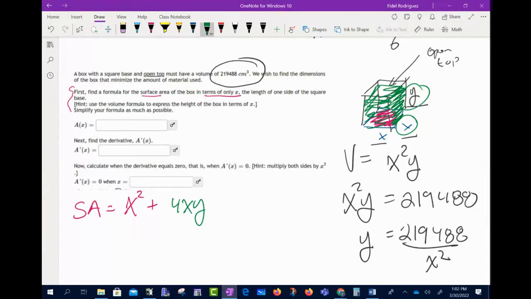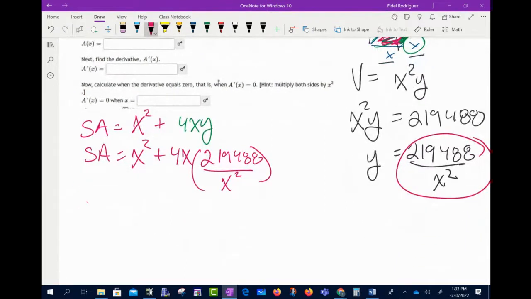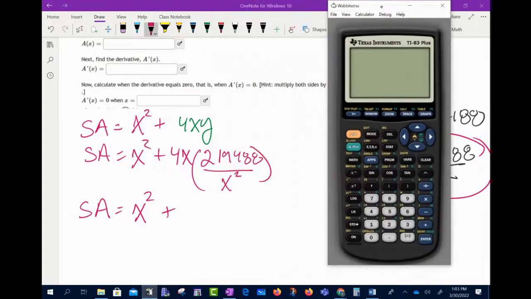Now it says, let's find a formula for the surface area only in terms of x. All we're going to do now, y'all, is a direct substitution. So I'm going to go 4x, but right here, I'm going to use that as my new value of y. So that was 219,488 over an x squared, okay? All right.